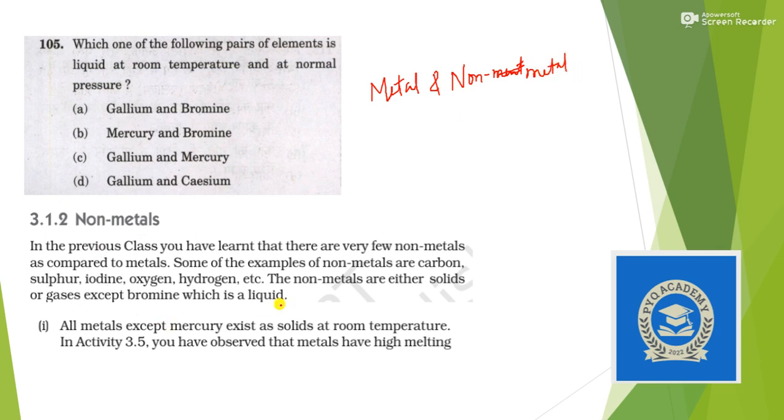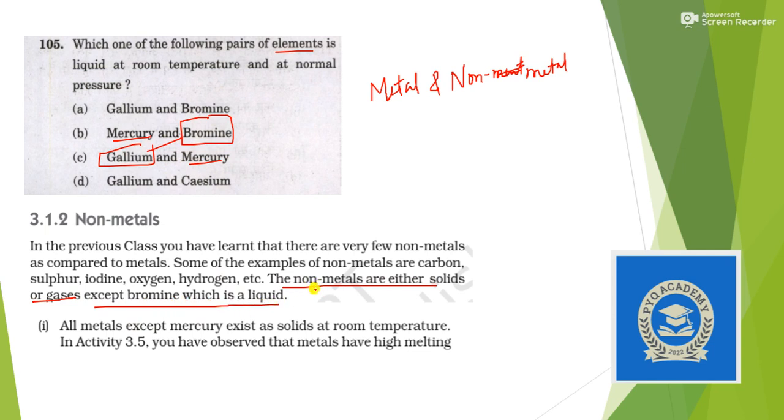So you can see here they are asking about an element, not just a metal. You all know that mercury is a metal which is liquid at room temperature, but the other pair is written bromine and gallium. So if you are not sure, then read these lines. The non-metals are either solid or gaseous except bromine, which is liquid.